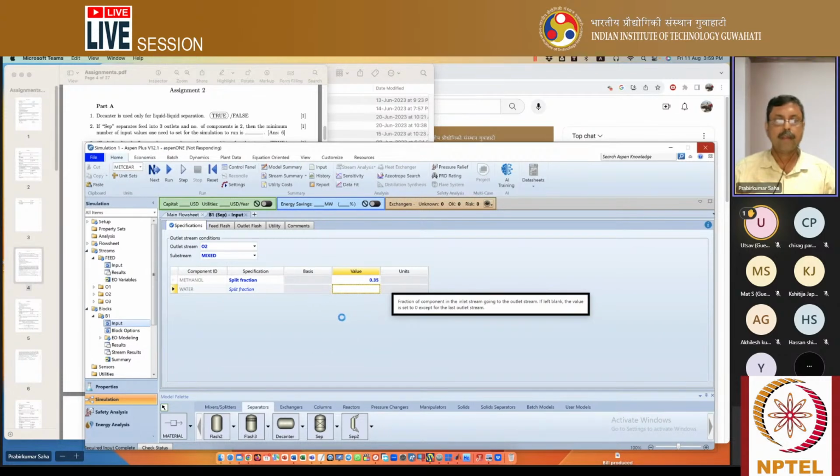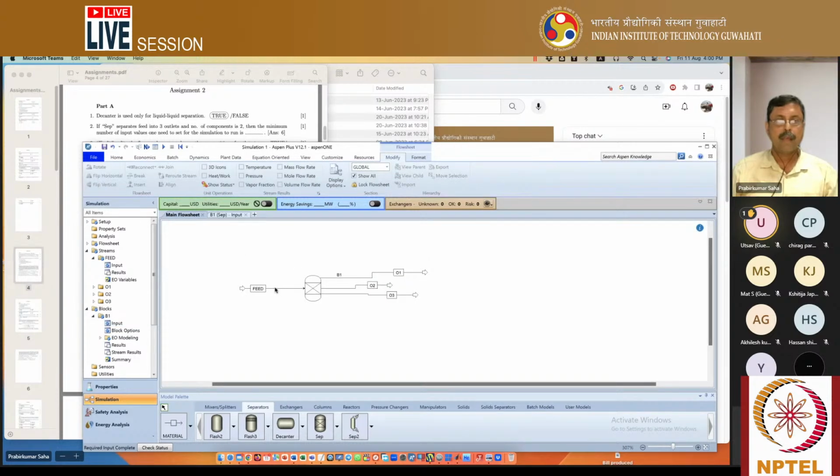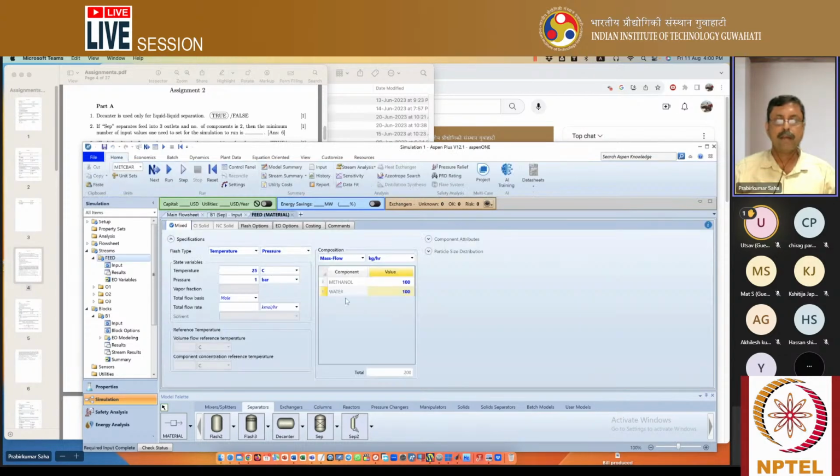Okay. So now let us count how many inputs we have given. This is the first input. For 1, this is the second input. And we have fixed over here 1, 2, 3, 4.